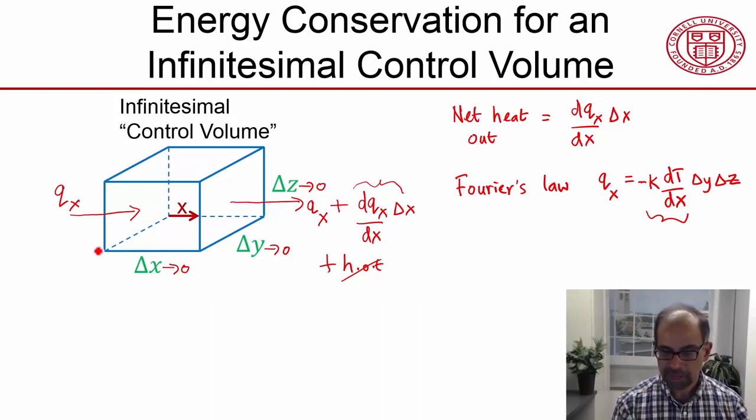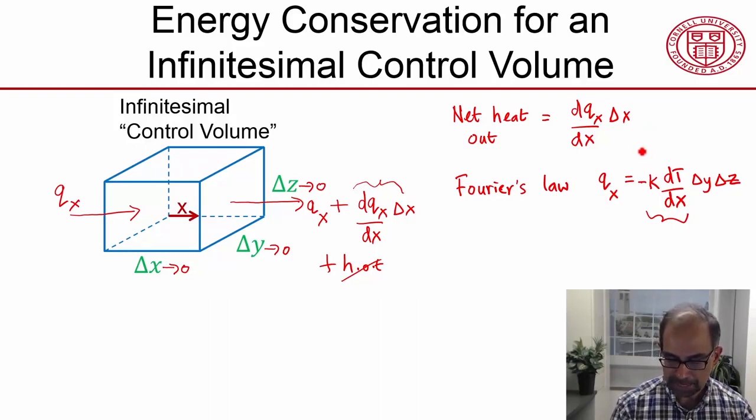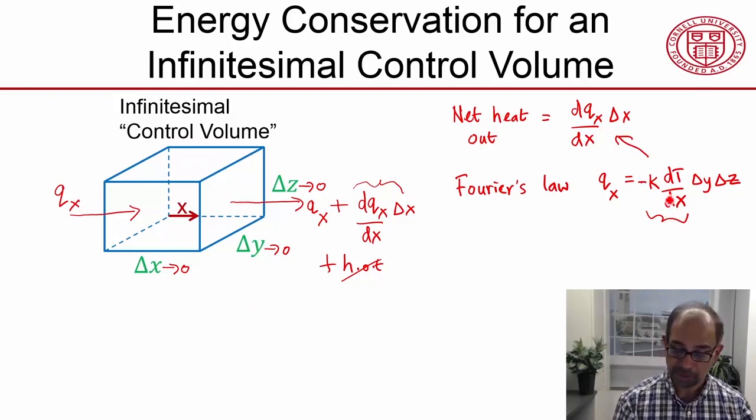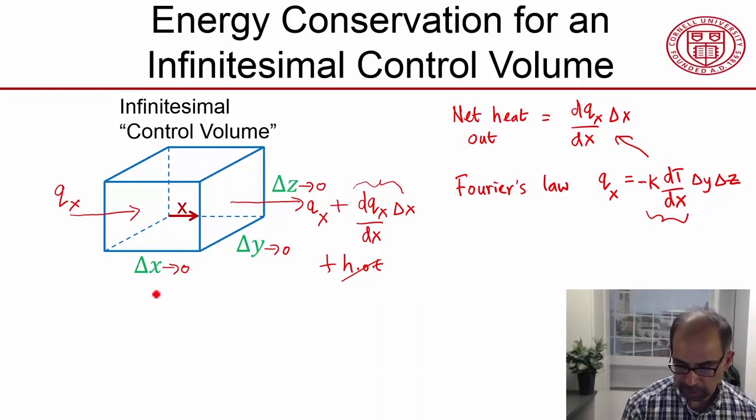through any phase. Now if I substitute that back in here, I'll get the net heat flow out in terms of the temperature. But one thing to note is, when I substitute it back, I have to differentiate this. So what will happen is I'm going to get a second derivative of the temperature. So let me do that.